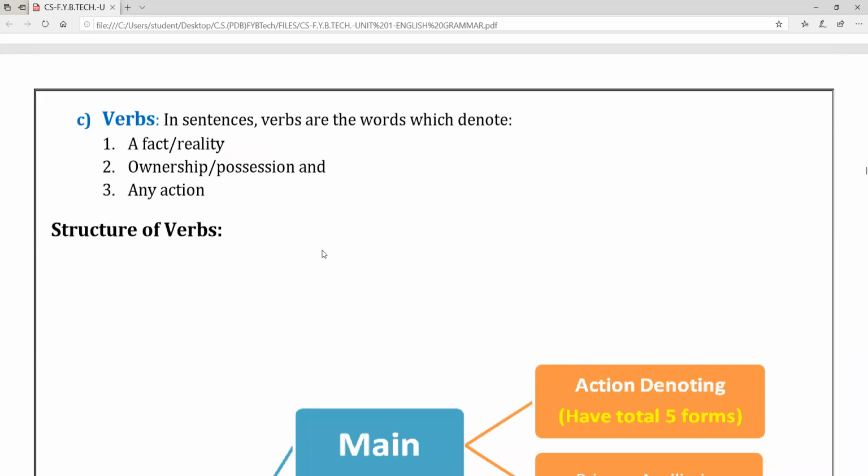Or I was a student. काही वर्षांपूर्वी मी स्टुडंट होतो. I was a student. So was is the verb which shows fact or reality. So that's why verbs are the words which denote fact or reality.